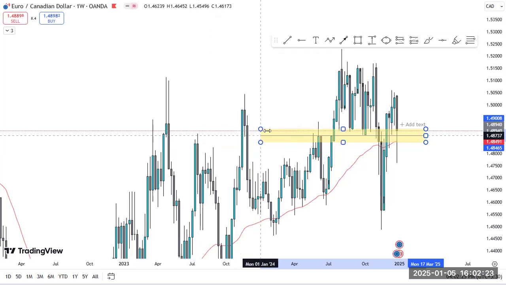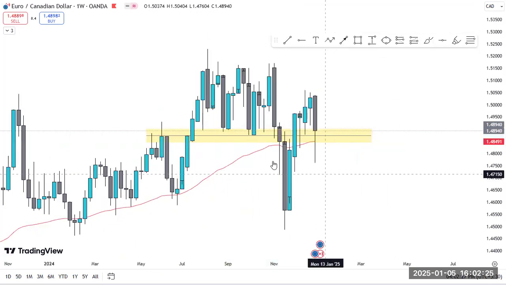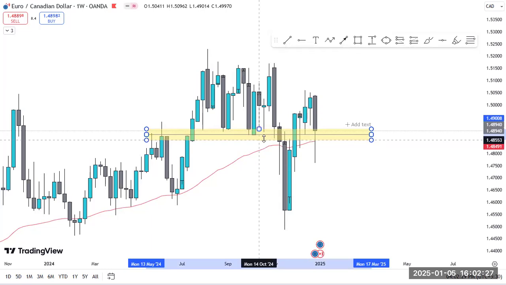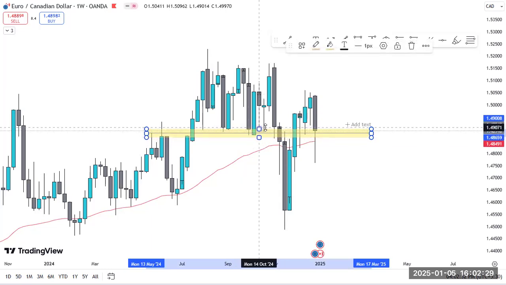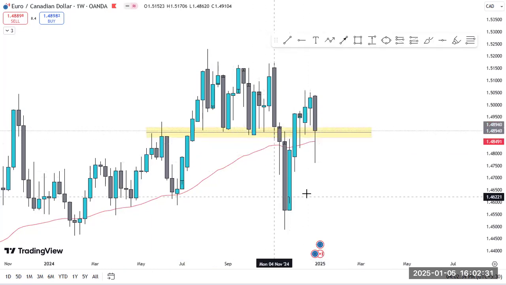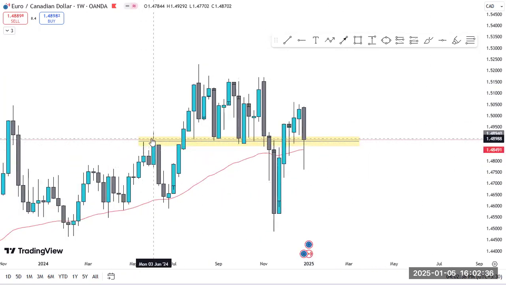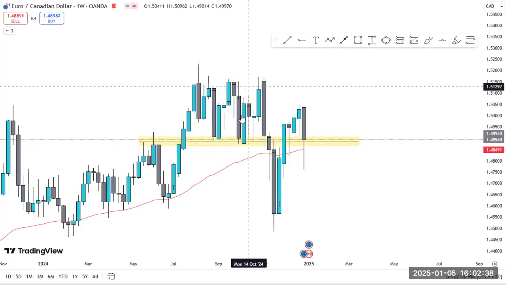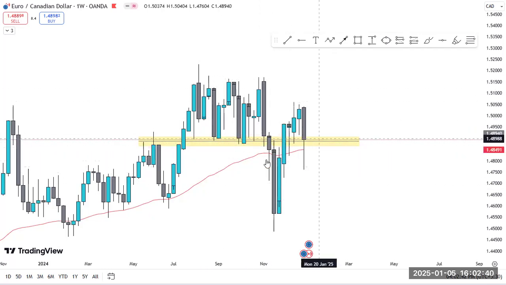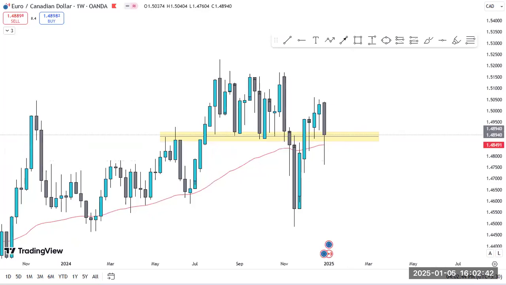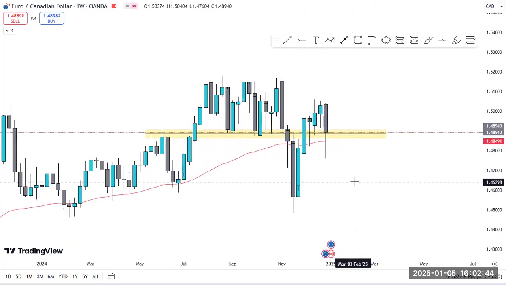We don't have many touches. We have one, two, and kind of a third touch around here. So this looks good: touch and down, touch and up, touch and up, touch and up, and on this we can see a little bit of consolidation right now.